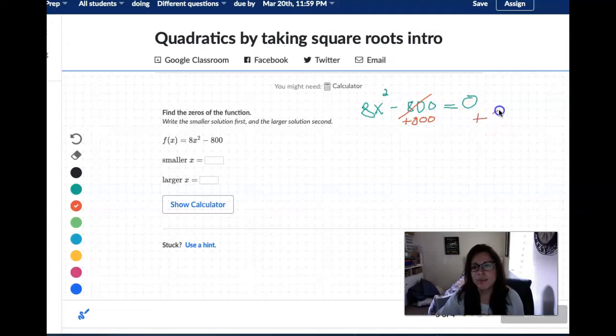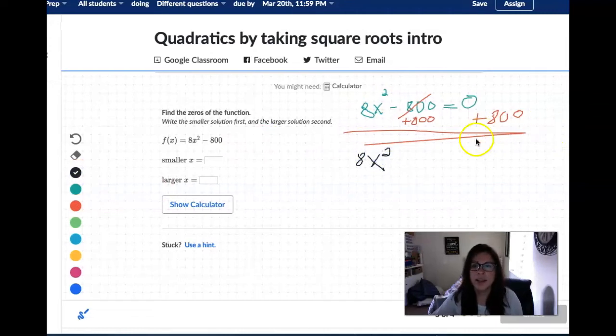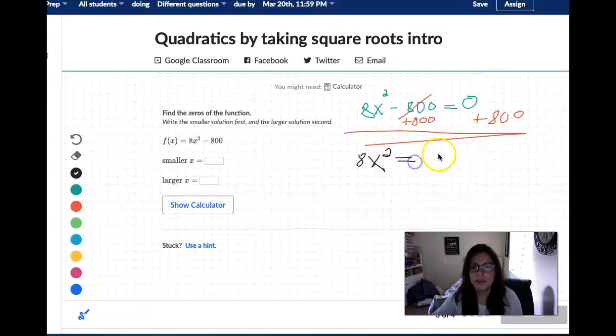Now I'm going to bring down the 8x squared, which equals 800 now. Now I'm going to divide both sides by 8.